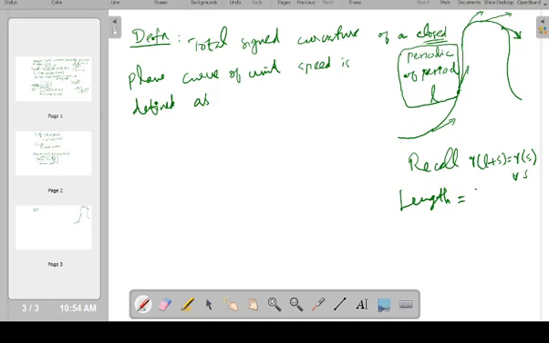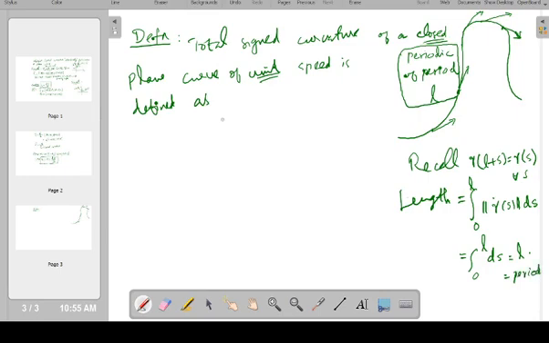So length can be defined as integral 0 to L norm of gamma dot of S ds, but gamma is of unit speed, so norm of gamma dot of S is equal to 1, so this is integral 0 to L ds, which is simply L. So for a periodic curve of period L, length is equal to the period.